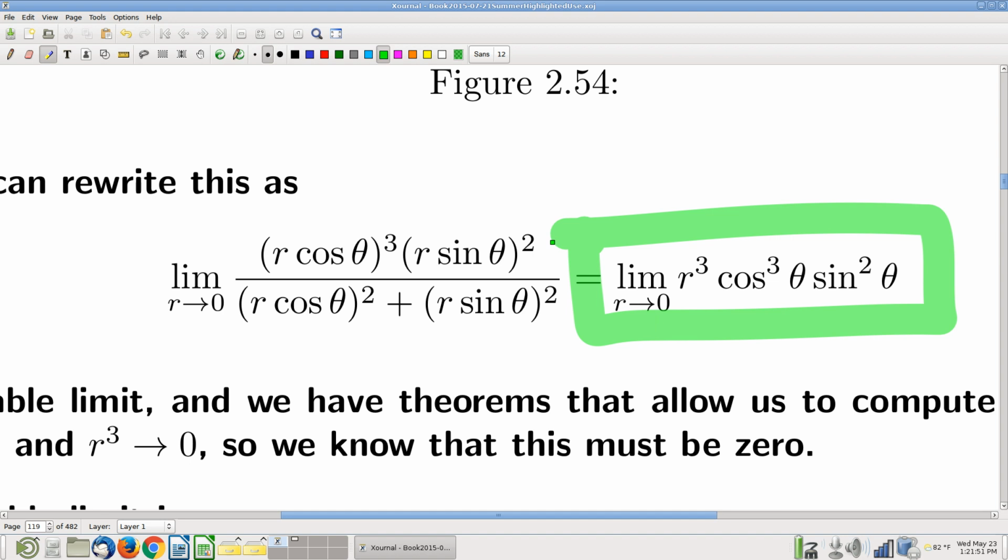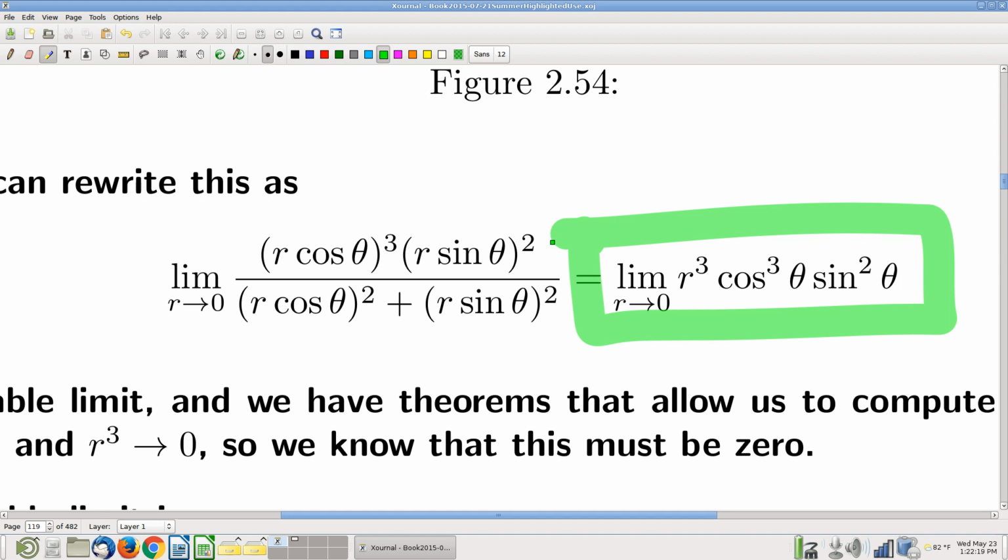Now, question, quite awkward question. What do you do with the thetas? And the answer is we don't have any control over the thetas. I know that as you approach the origin, here's the origin, r is clearly approaching 0. But theta, I don't know. I could be approaching along this curve here, in which theta is that value.